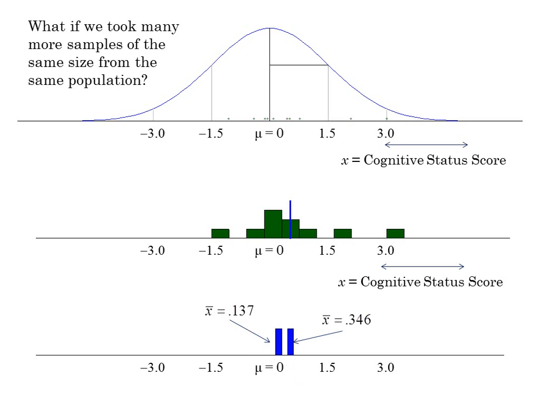Let's stop here. This is the population. This is a single sample, and that sample's mean. All I'm doing at the bottom is collecting everyone's sample mean, just dropping it down. The axis is the same. Notice it's still 0, -3, and 3.